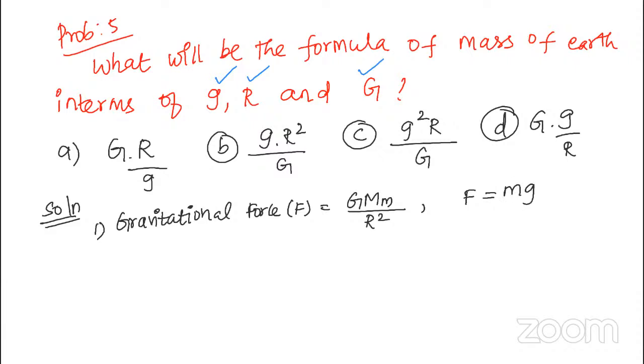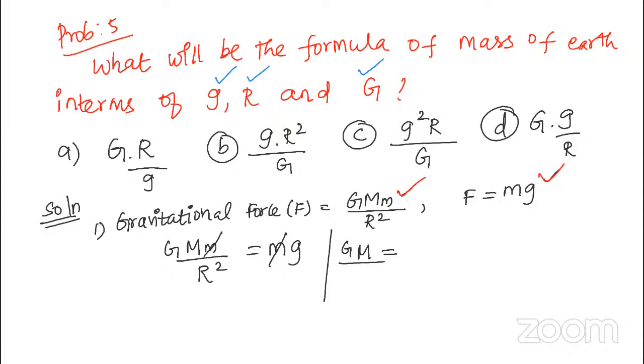Now equating these two values, GM by R square should be equal to g, and m should be cancelled. The remaining is GM divided by R square is equal to g.